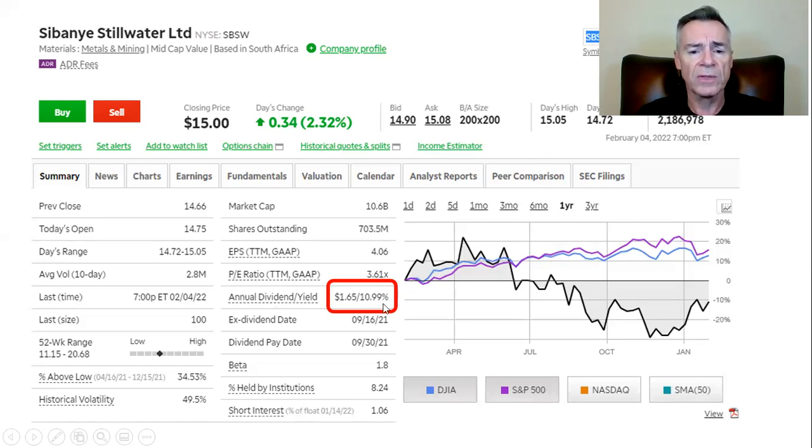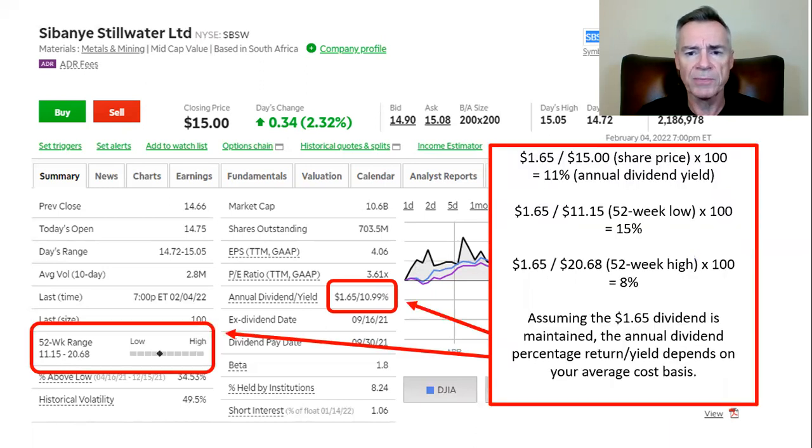So if someone says this one pays a dividend of 10 or 11%, that is not strictly true. It pays a dividend of $1.65 on an annual basis. And right now, that is just calculating as a percentage of the actual closing price of the shares at 10.99%. So the dividend yield, so that you know, is actually the dollar value simply expressed as a percentage.